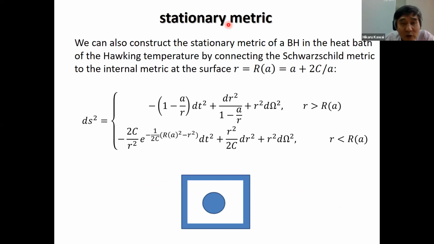And also we can construct a stationary metric of a black hole in a heat bath at the Hawking temperature by connecting the Schwarzschild metric to the internal metric at the surface R. So we are now considering a black hole put in a heat bath with Hawking temperature. So outside is almost the Schwarzschild metric, and the inside is as we have seen.